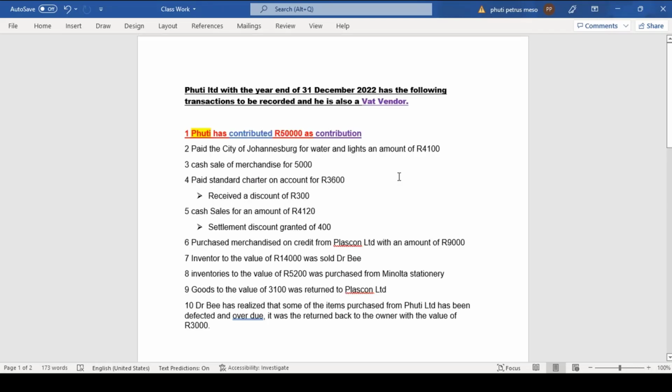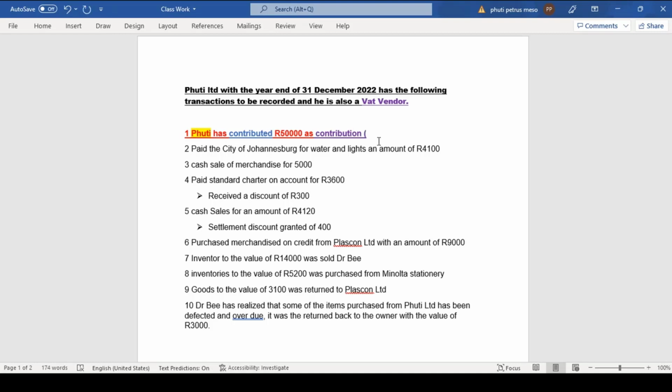So usually, you remember that accounting cycle that I think I sent you guys the notes. If you look at the accounting cycle, this is the first or second part where we have to start. So the first one under the journal, I think I've explained this. Puti has contributed 50,000 Rand as part of the contribution. Let's try and identify this as part of the journal.